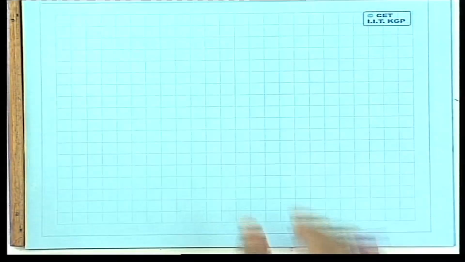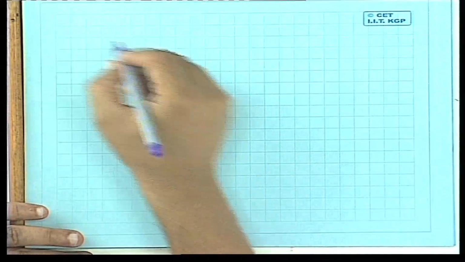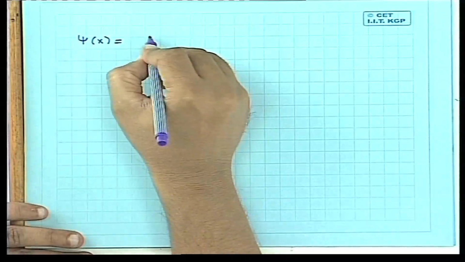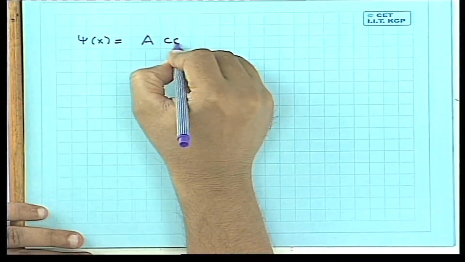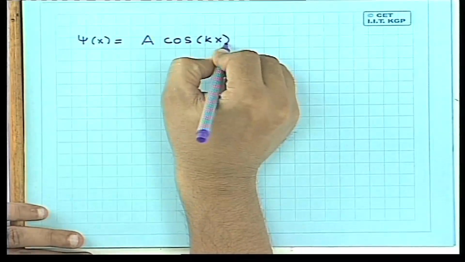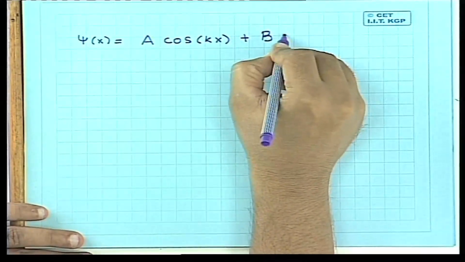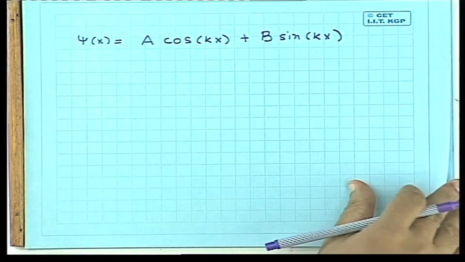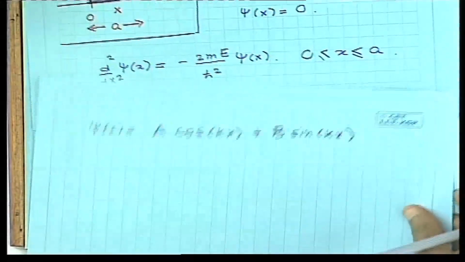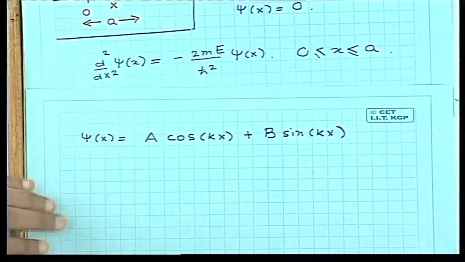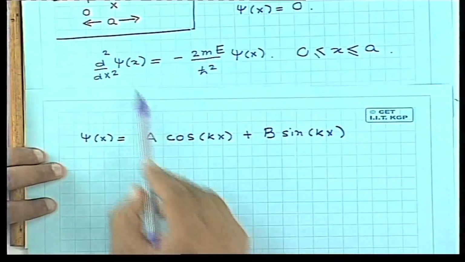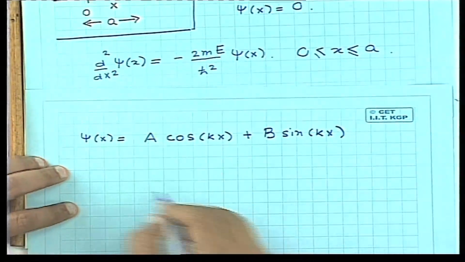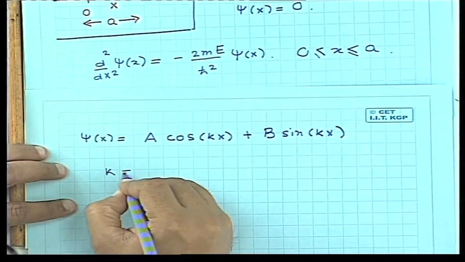Now the solutions of this equation are very easy to write down. The solutions are of this kind: psi(x) is equal to A cos kx plus B sin kx. You can very easily see that this is a solution of this equation, because if you plug in cos kx and differentiate it twice, you get back the same function multiplied by a constant number, k squared.